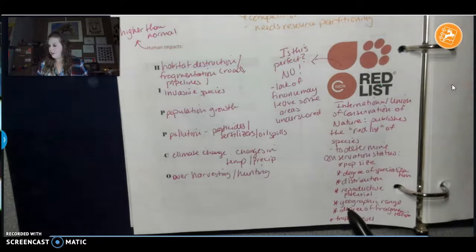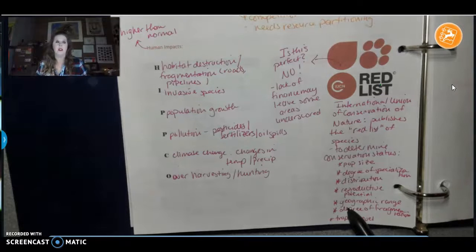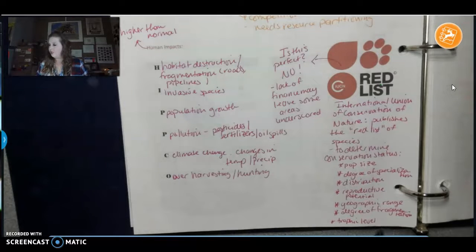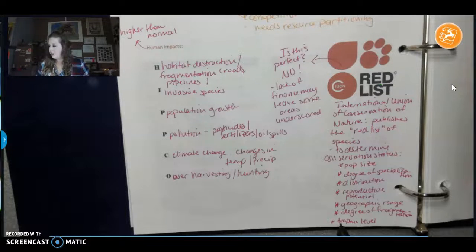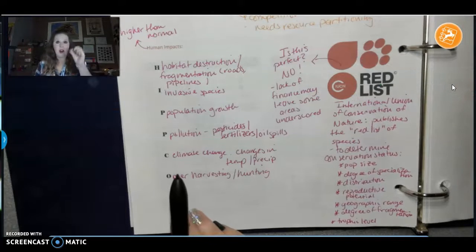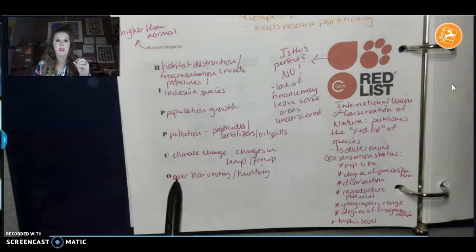The geographic range. Where does it live? Has that area been reduced in size? The degree of fragmentation. So if an area has been fragmented, how much has it been split into smaller pieces? And the trophic level. Where does it fit in the food chain?